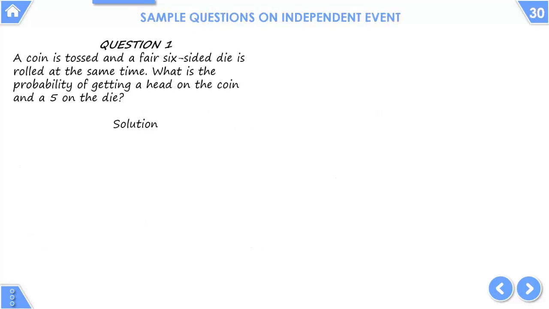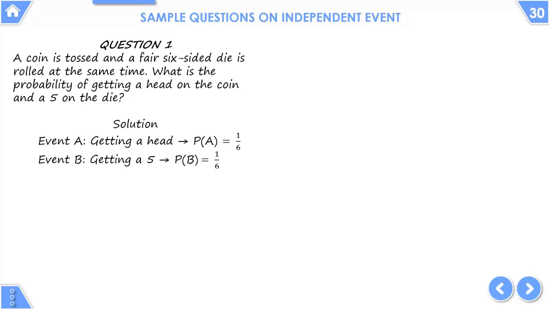Now let's look at question 1. A coin is tossed and a fair six-sided die is rolled at the same time. What is the probability of getting a head on a coin and a 5 on a die? With this question, event A of getting a head is 1 out of 2, and event B of getting a 5 is 1 out of 6.